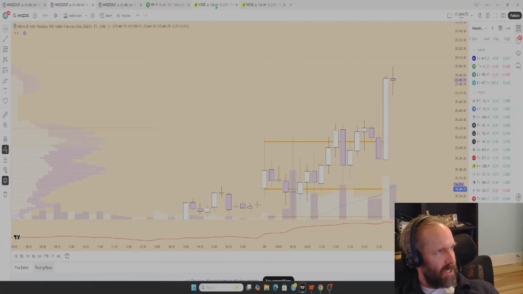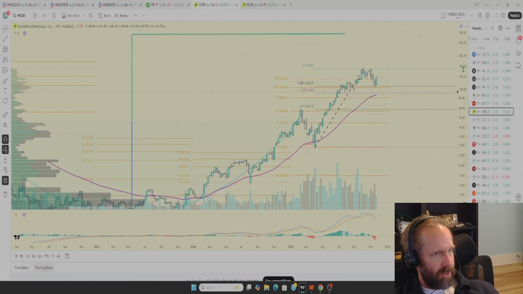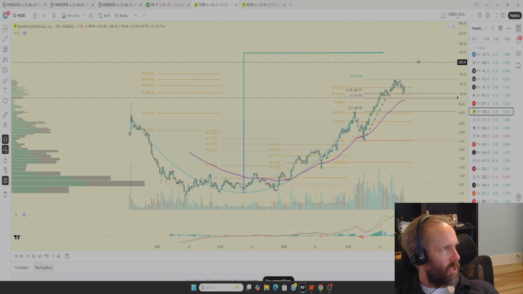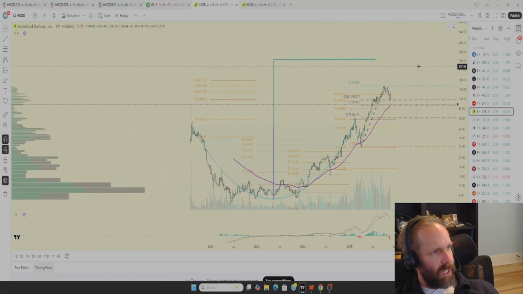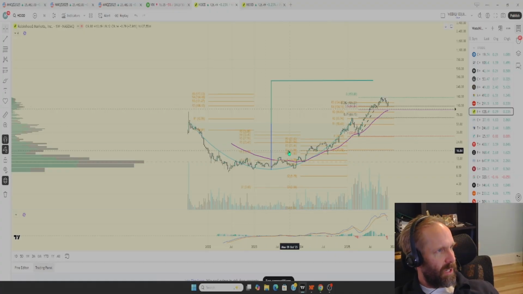Alright, let's look at some charts here for individual equities. Here's something, Robinhood, symbol HOOD. Now this is a weekly chart. A few months ago I had marked this up. This is what I call a huge saucer accumulation pattern, because obviously it looks like a saucer.